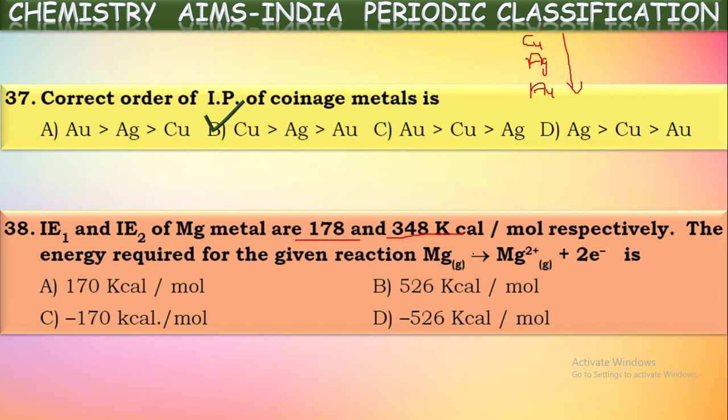So the removal of both electrons to convert into Mg plus 2 ion is the sum of these two: 526 kilocalories per mole. The same quantity is shown with a minus symbol once more. Here, the negative symbol represents evolution of energy, an exothermic process. But here, the removal of an electron requires a certain amount of energy. As it is an endothermic process, we represent it with the plus symbol or without writing the plus symbol. That is why the second option is correct.